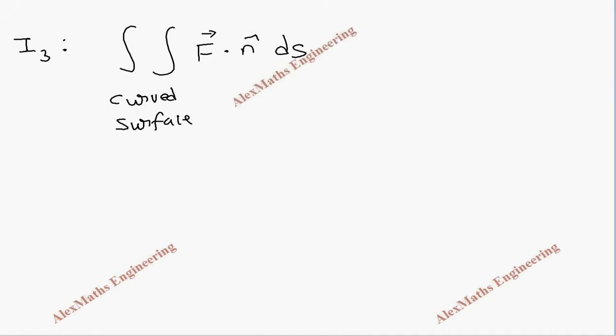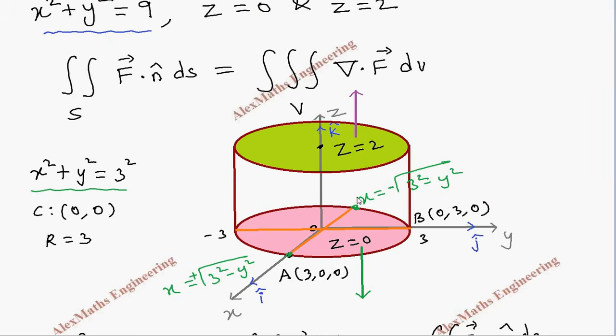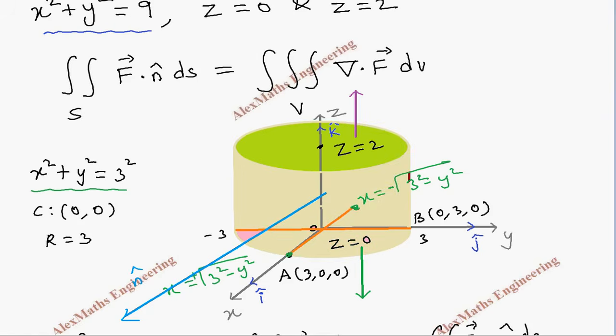In the curved surface, we are going to consider the surrounding and take n cap along this direction, that is, perpendicular to the YZ plane. So it will be something like this. This is our n cap for this curved surface.